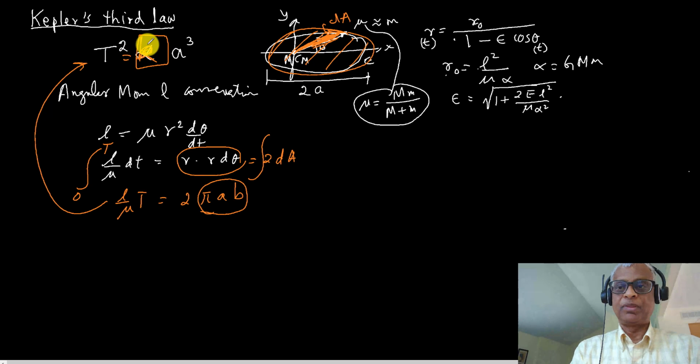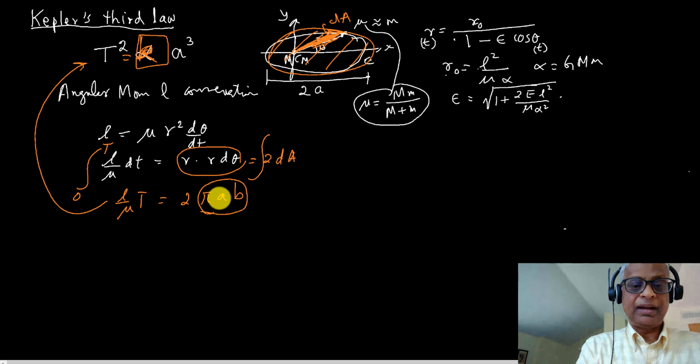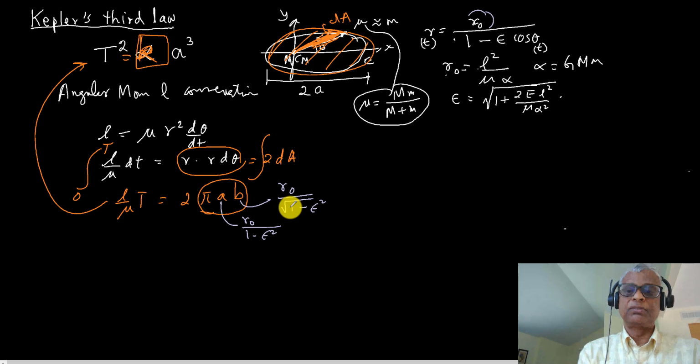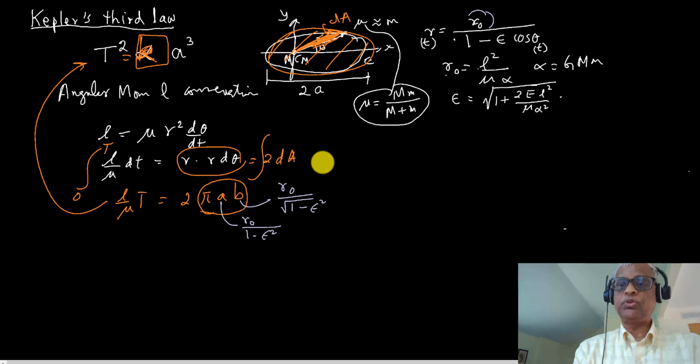To complete that, we need expressions of a and b. So b is r0 over the square root of 1 minus epsilon square, and a is r0 over 1 minus epsilon square.